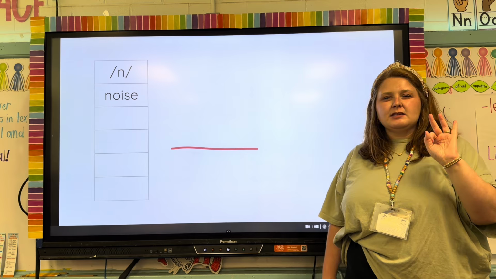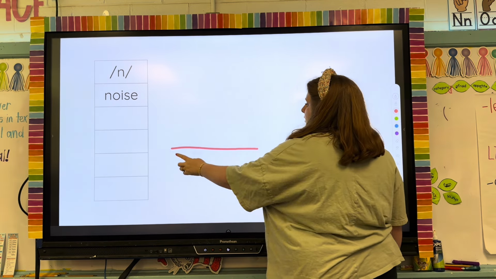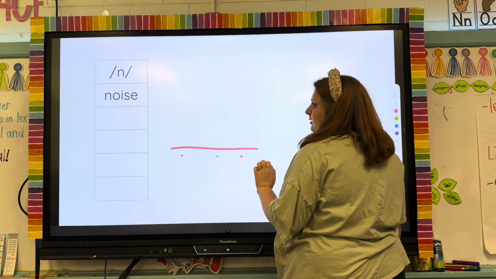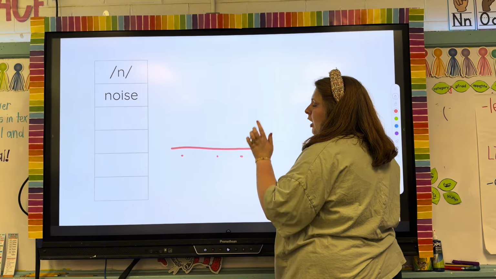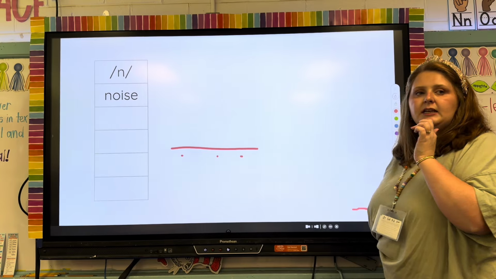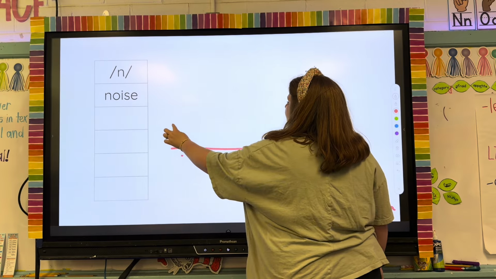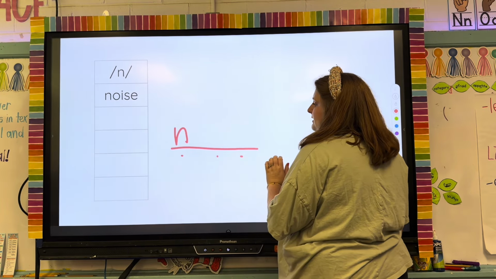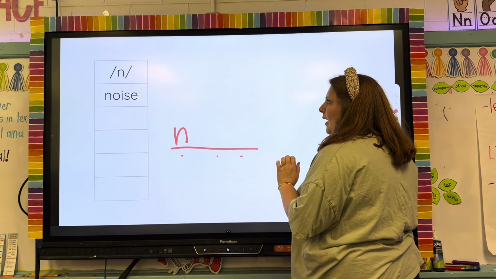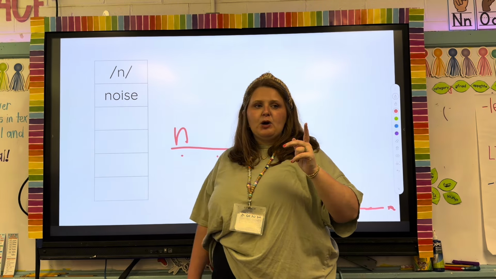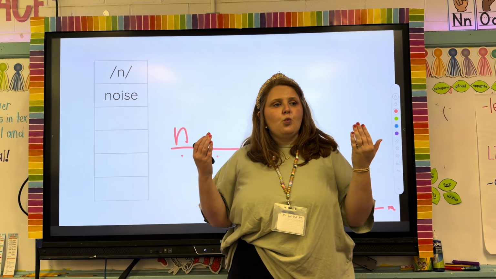How many phonemes? 3. What is my first sound? What's my first sound? And how do you spell that N? N. Middle sound. Oi. Now there are 2 ways to spell oi. O-I and O-Y.